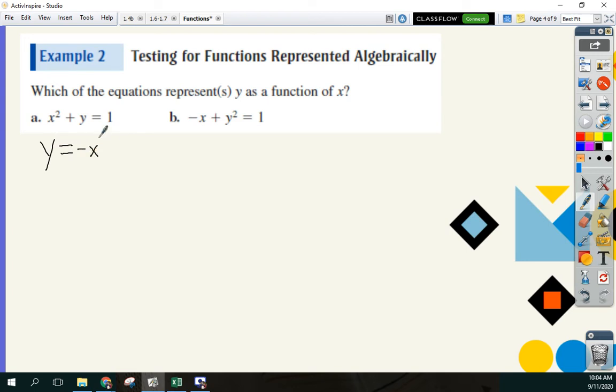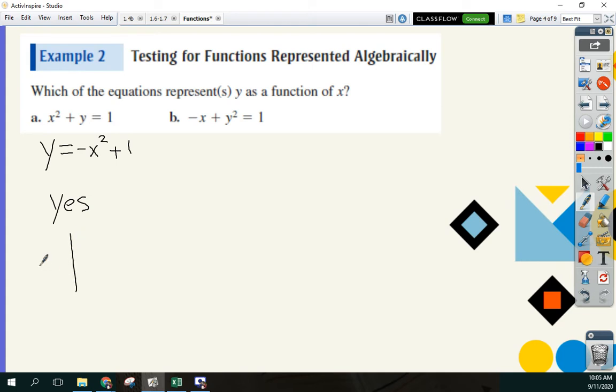So in this case, I would subtract my x squared over, and I would get y equals negative x squared plus 1. And notice that if I were to plug, say, 1 into x, I would square it and then take a negative, add a 1, and I would get 0. There's no way for me to get out a different number besides 0 if I plug in 1. So this would be a function.